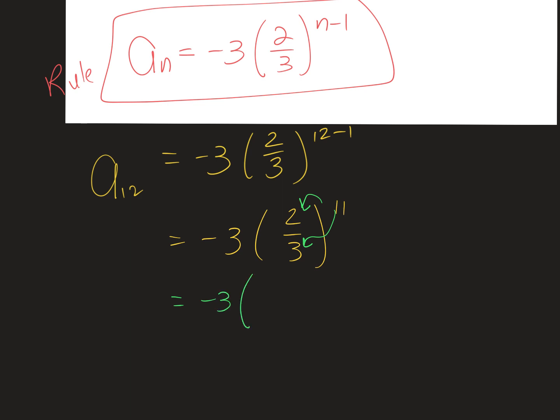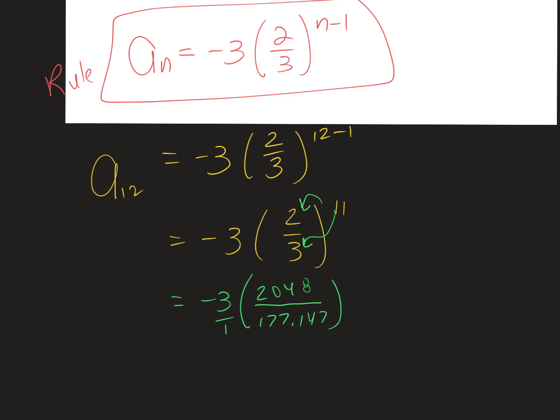Guys, what is 2 to the 11th power? 2048? Okay. And then what is 3 to the 11th power? 177,147? Okay, good. Now, again, big gross numbers, no big deal. Let's simplify a little more.